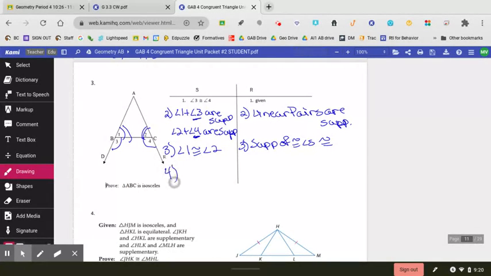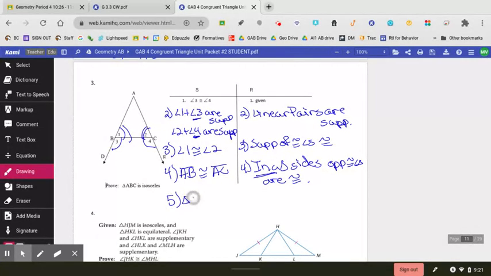Well, now I know that 1 and 2 are in a triangle, so that means that AB is congruent to AC because in a triangle, remember you must have that, sides opposite congruent angles are congruent. And therefore, triangle ABC is isosceles. Definition of isosceles.